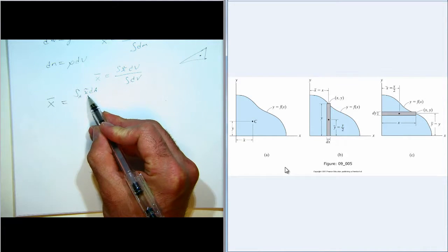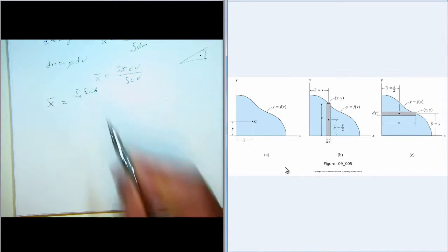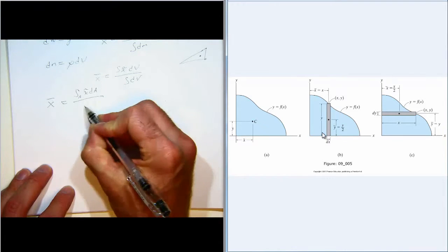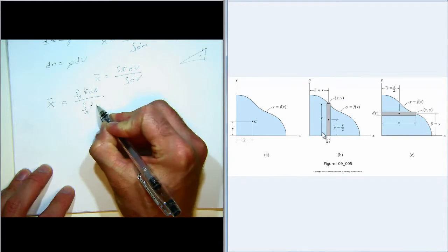So x tilde is the location of the small area, and dA is the area of this, so it's dx times y. In this example, we're just using a single integration. And then we want to divide this by the total area.